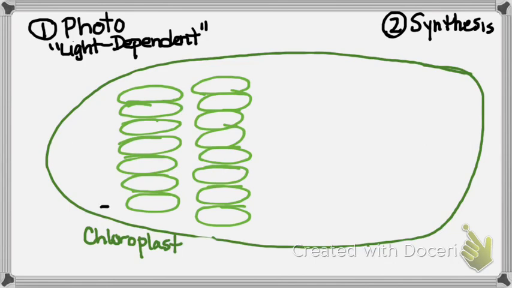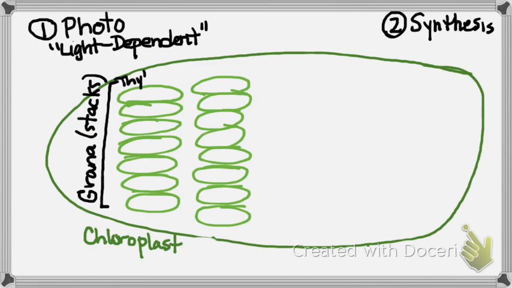Now, these stacks are called grana. Okay, that is spelled grana. And these are stacks. So the whole entire stack is called a grana. But one of these, individually, one of these little discs is called a thylakoid.